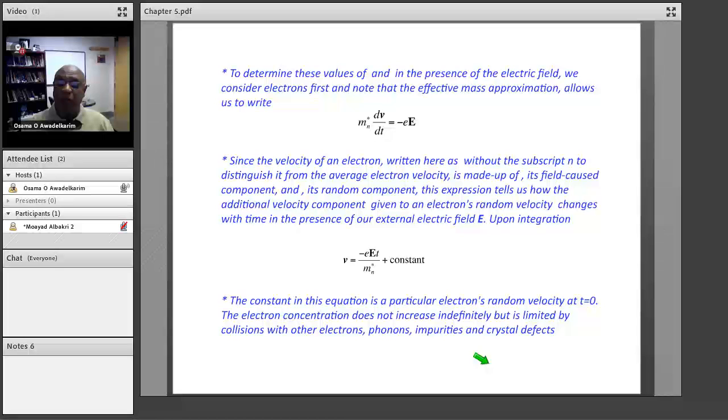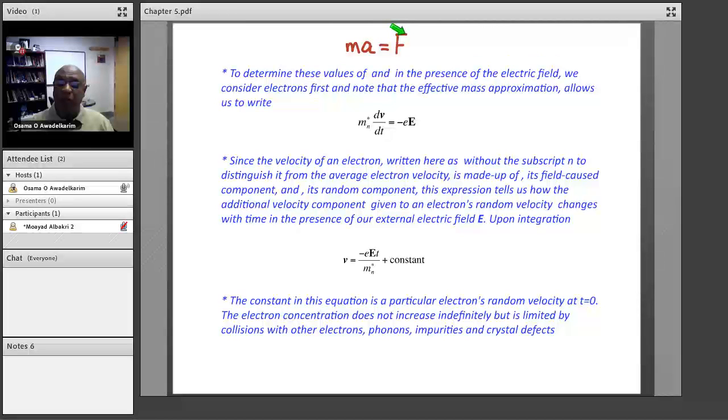So what happens? We have Newton's second law, which says that mass times acceleration of any object equals the force acting on the object.